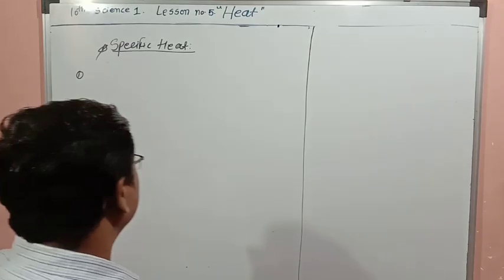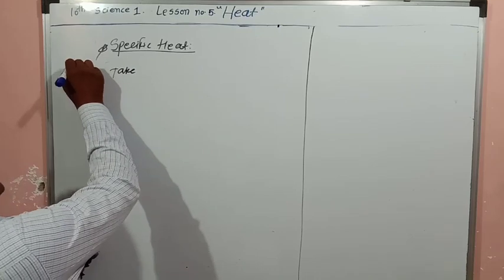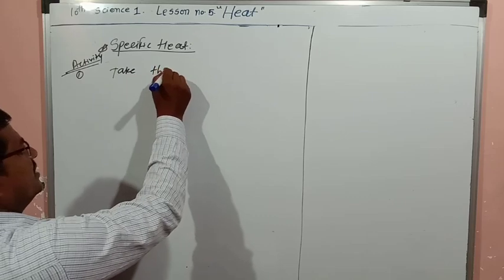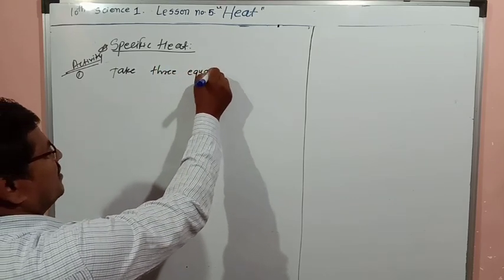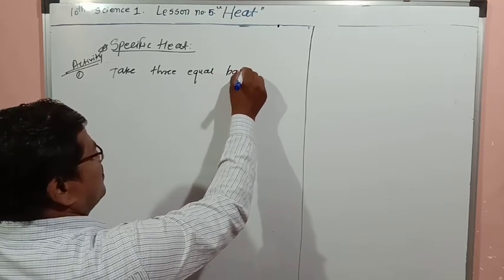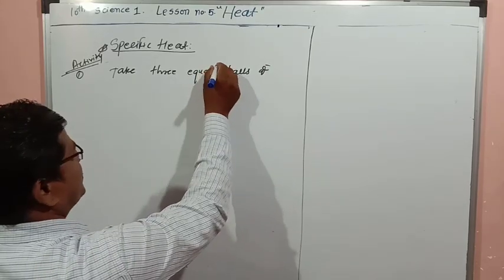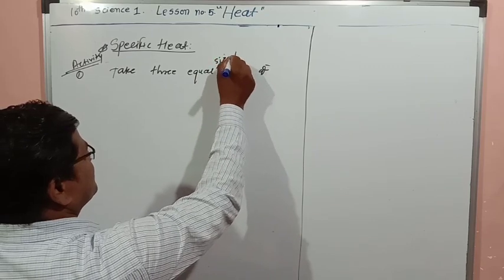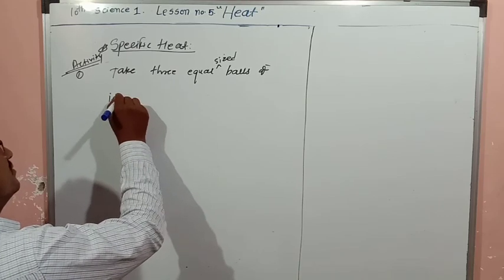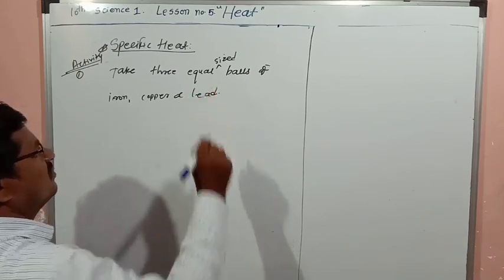So one more time listen. The activity for specific heat: take 3 equal sized balls of iron, copper and lead.